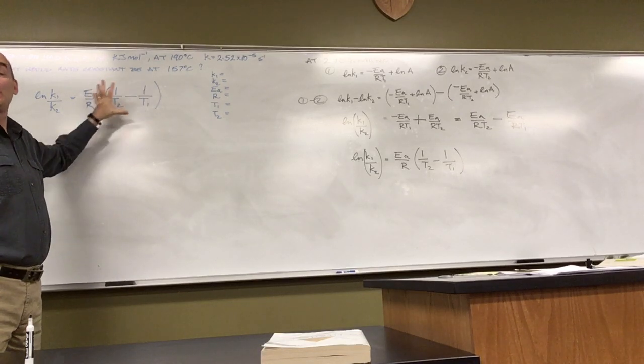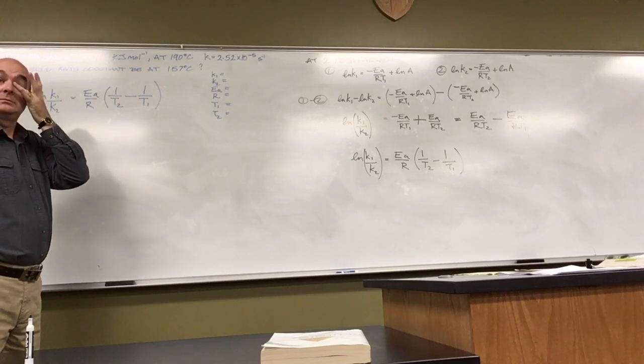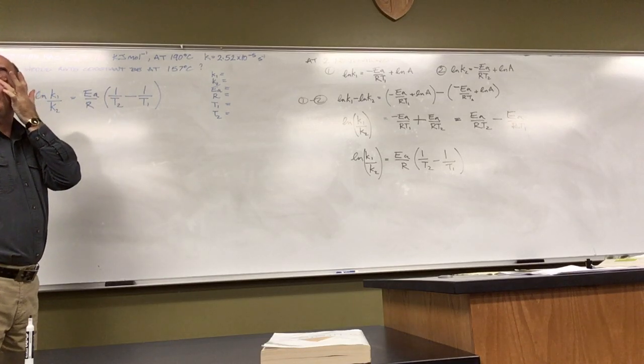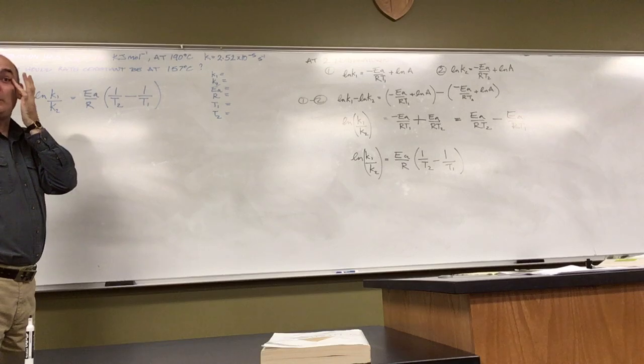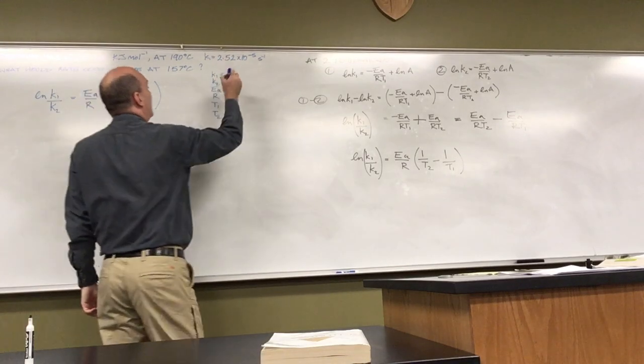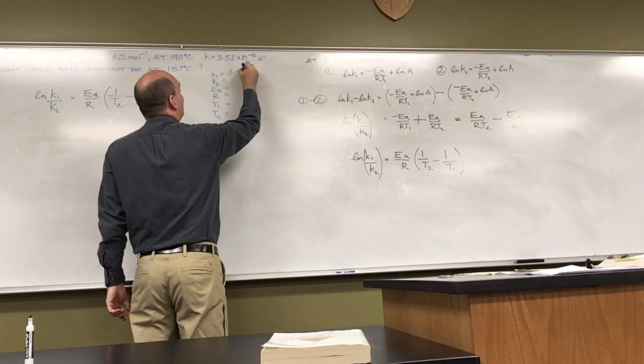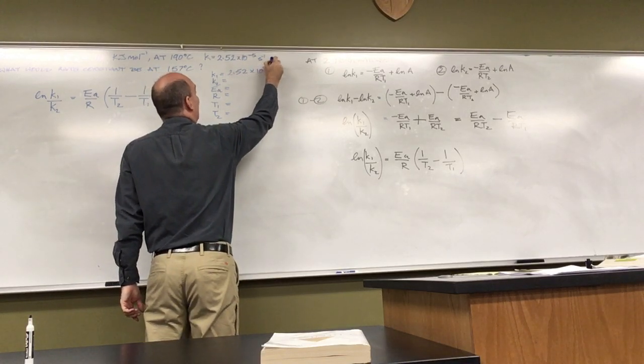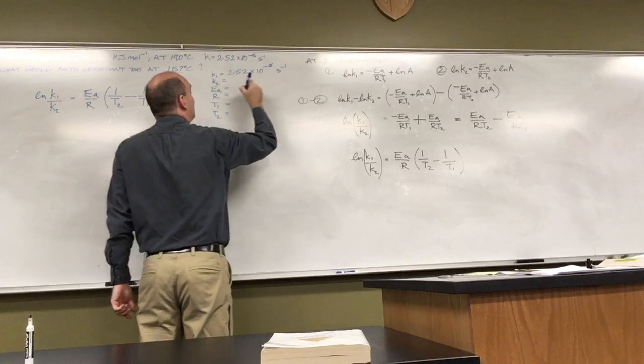And therefore this term will go negative. But they're going to match each other out. Okay? So K1 gets to be 2.52 times 10 to the negative 5 per second.